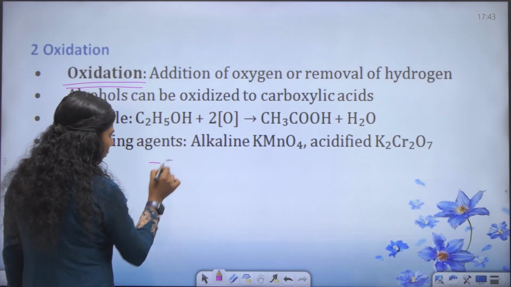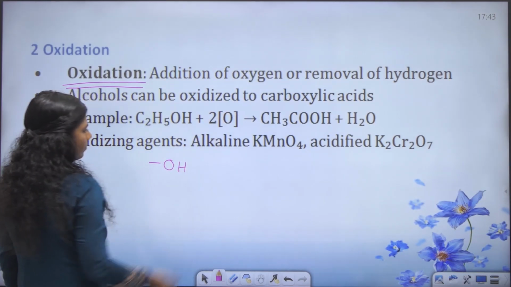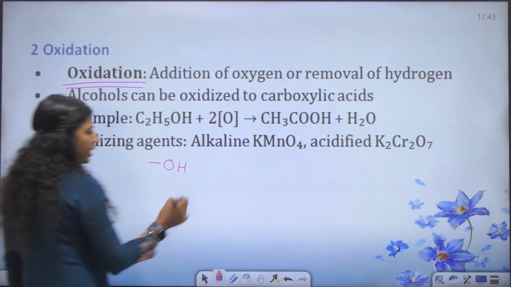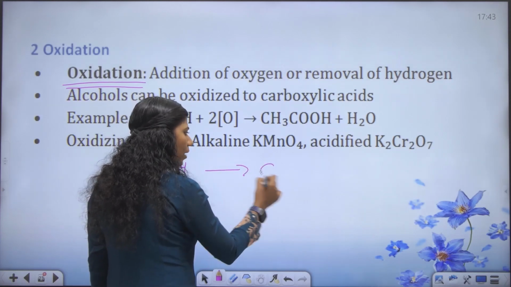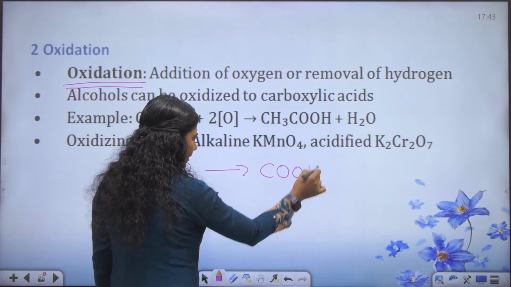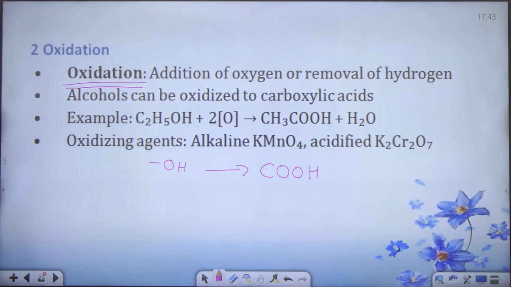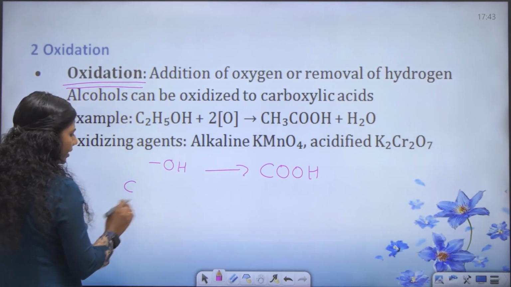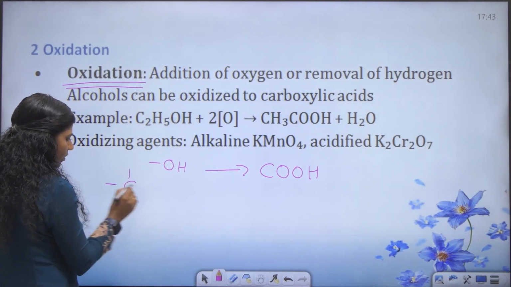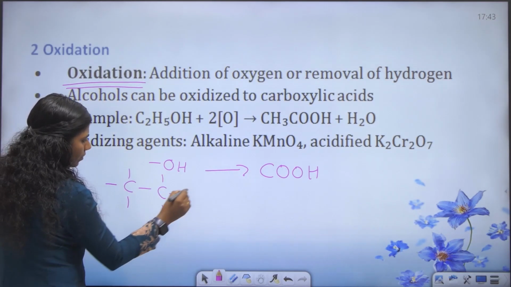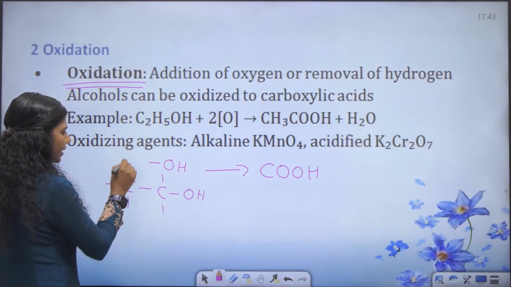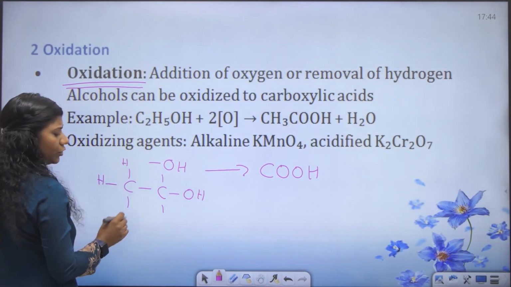The functional group of alcohol is OH, and it oxidizes to form carboxylic acid, COOH. Okay, suppose ethanol. Ethanol is C2H5OH.